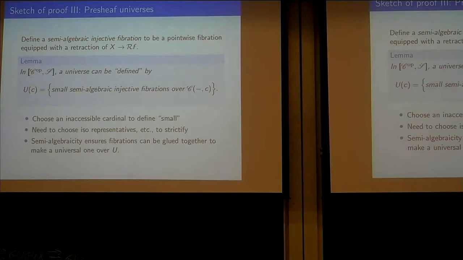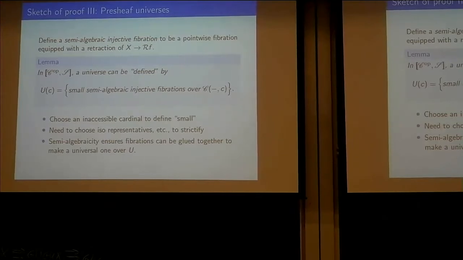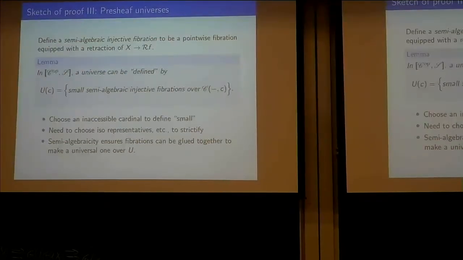It also has this semi-algebraic structure. I can say more details about that later if you want, but that's the basic idea: this algebraic structure characterizes the fibrations, and we can glue it together to make a universe. So that tells us how to make universes in the injective model structure on simplicial presheaves.